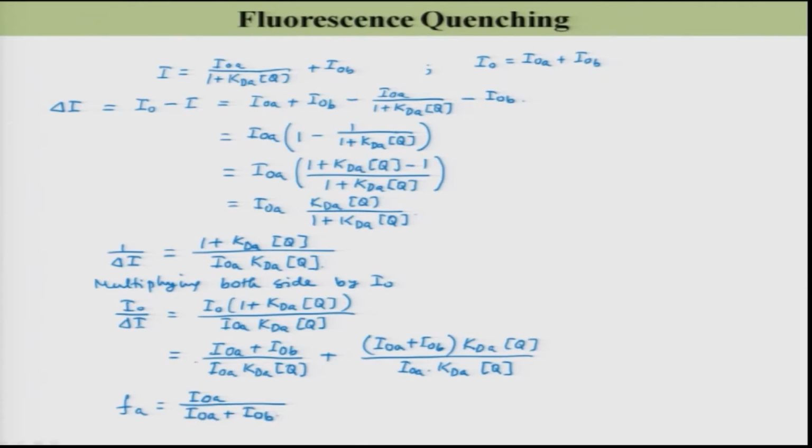Then this equation will change to: I0 by delta I is equal to 1 over Fa K dA into Q plus 1 over Fa. Remember that Fa is equal to I0A divided by I0A plus I0B.